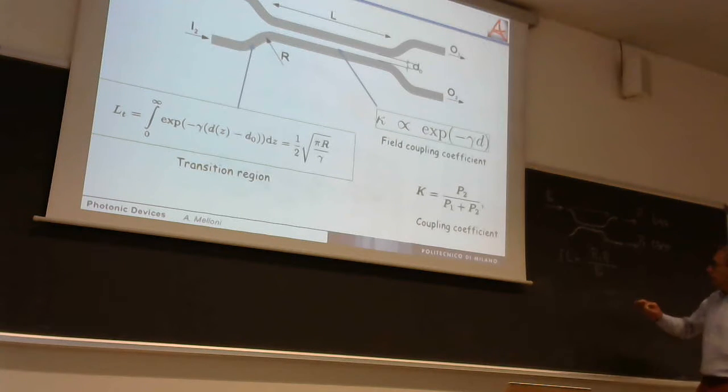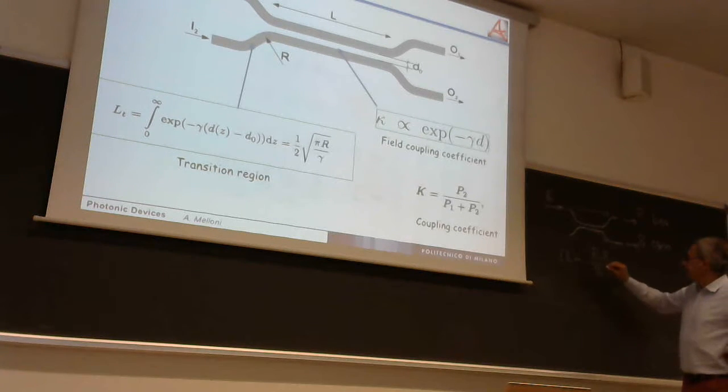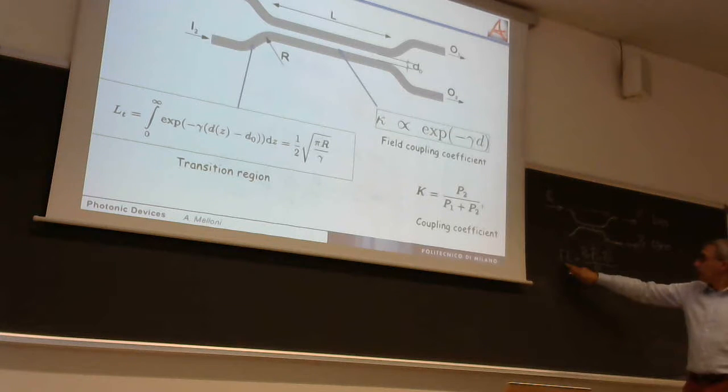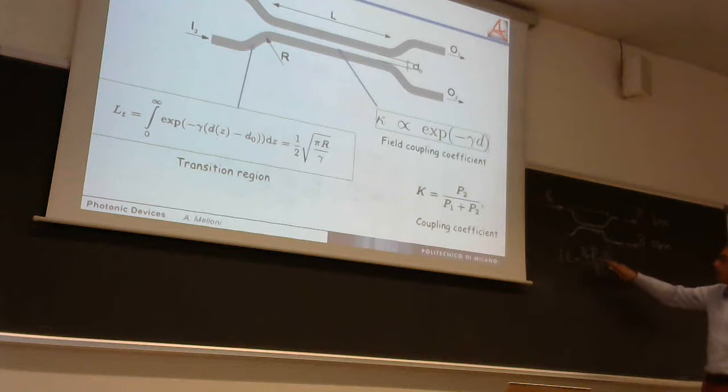To be more correct, it is P0 minus these two, so what you lose in the coupler, that is the insertion loss. Okay, so in case of no loss, P1 plus P2 is P0, and so this ratio is 1, or 0 if you consider it in dB as usual.